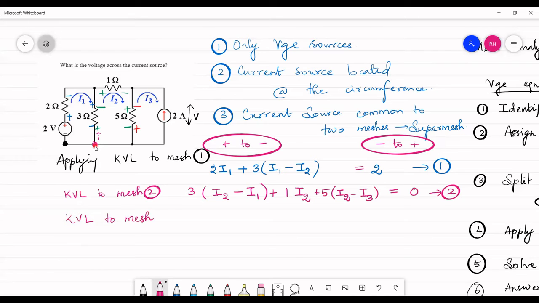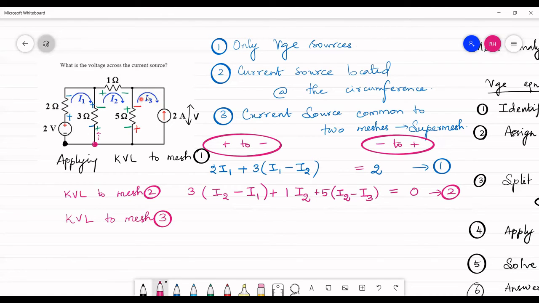And then finally apply KVL to mesh 3. So this is mesh 3. When I write KVL, it means I'm writing the voltage equation, that is, I'm supposed to write the voltage across every element. So 2 into I1 is the voltage across this 2 ohm resistor. Similarly, whatever term you have in this equation corresponds to voltage.